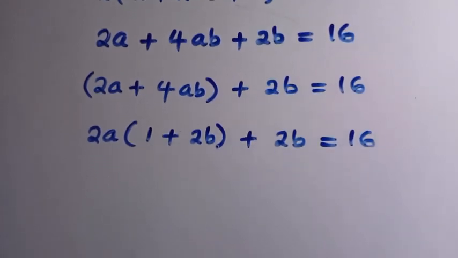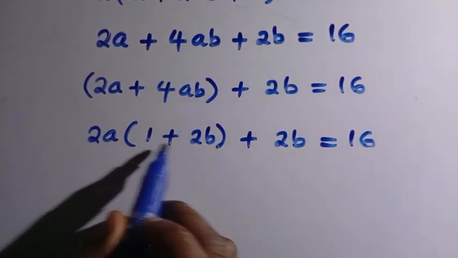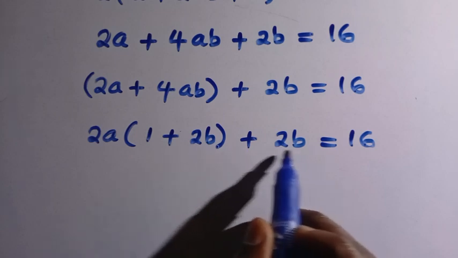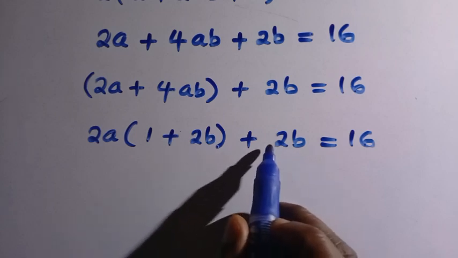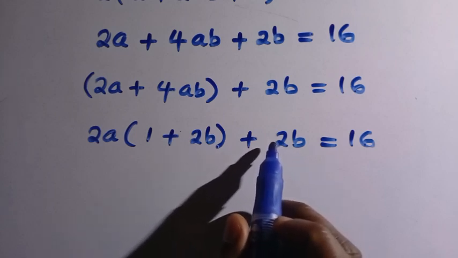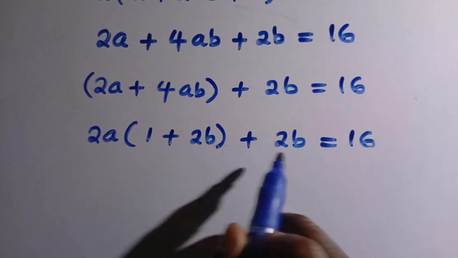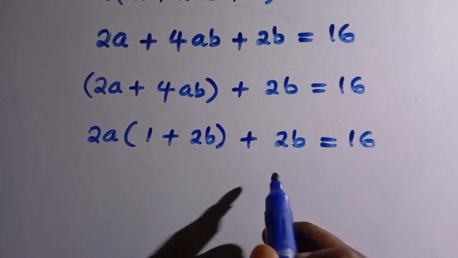In the next step, we have 2a as 1 plus 2b, and this is 2b here, which means we need 1 here just to make us factorize this easily.